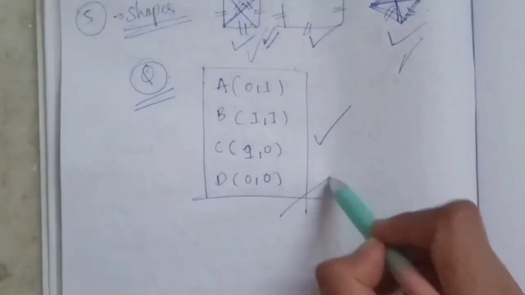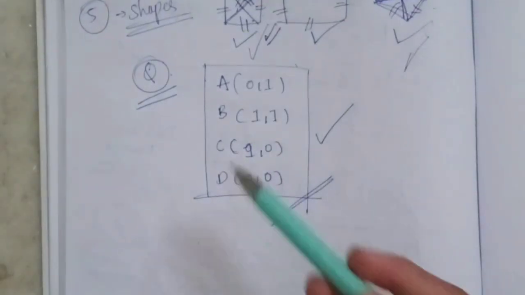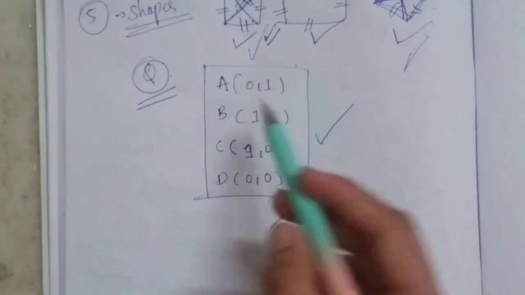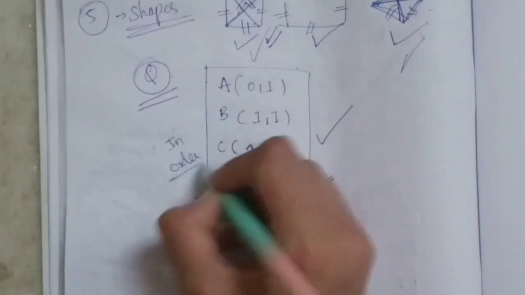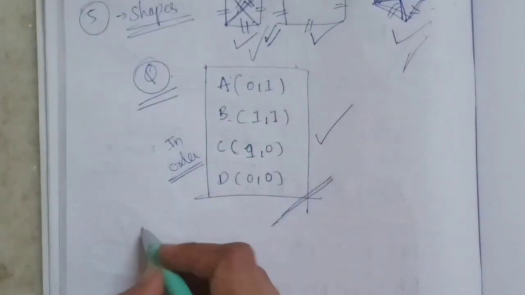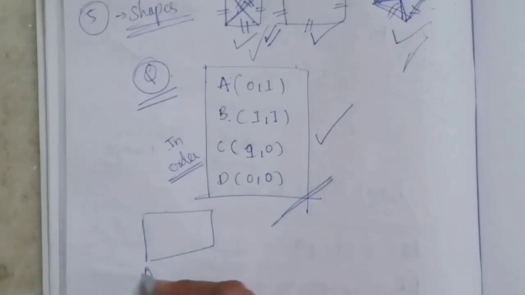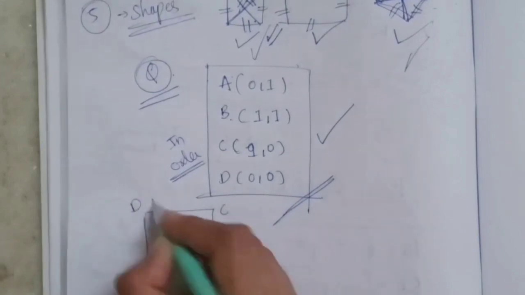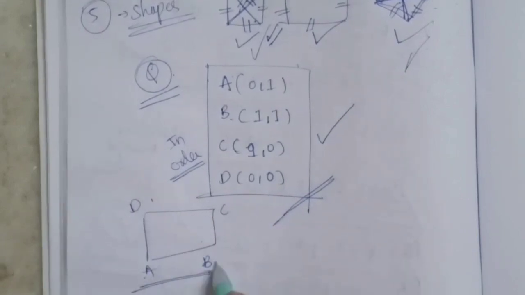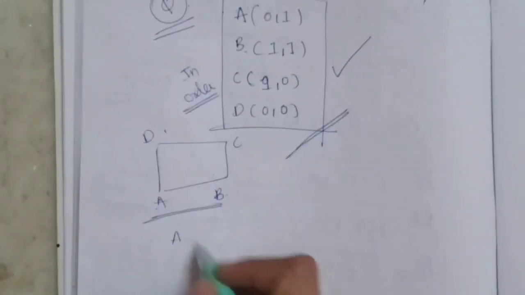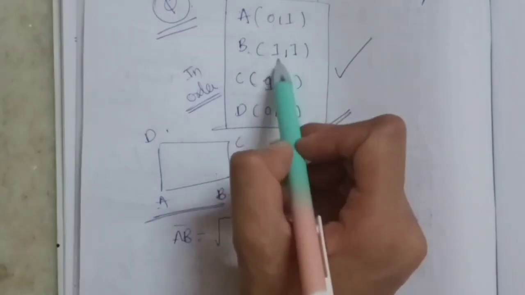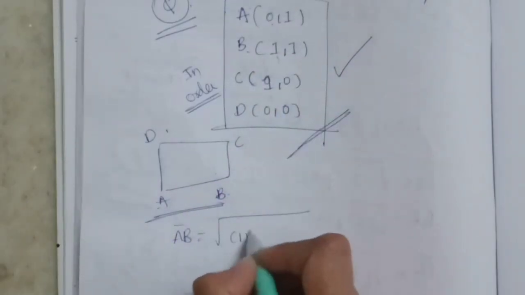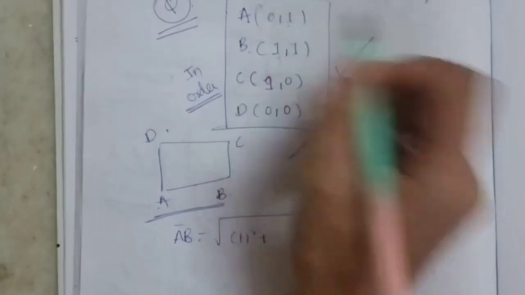Now let us figure out which shape this belongs to. So they are given in order. Let us draw a diagram A, B, C, D, and let us find the side lengths. AB: difference between the x coordinates is 1 square, plus difference between the y coordinates.